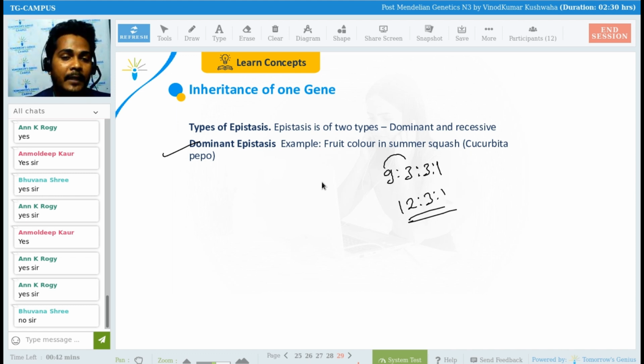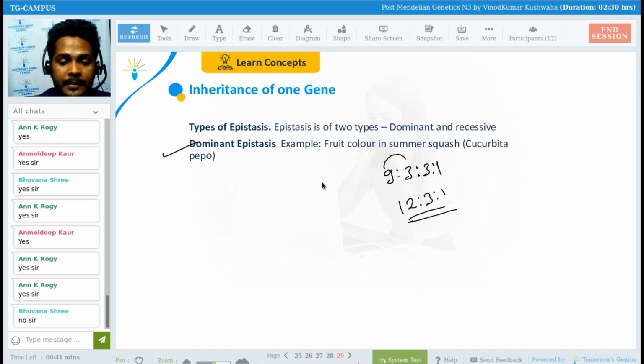The dominant epistasis ratio is 12:3:1. And how does this 12:3:1 arise? Because it is dominant over its own allele. Initially it is 9:3:3:1, so 9 and 3 are dominant over, and it becomes 12:3:1.